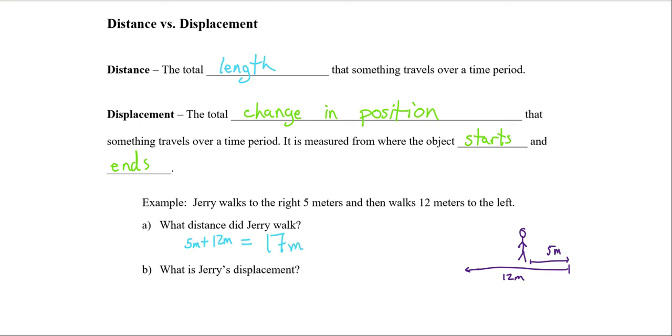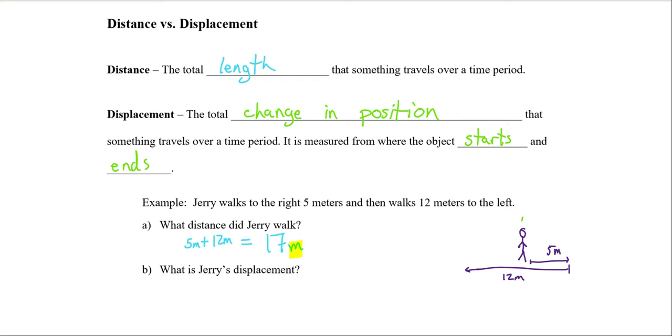What's really important is that I include the units in my answer, right? If I just said he walked 17, I wouldn't know 17 of what. Maybe he could have walked 17 kilometers. That'd be very different. Now let's take a moment and analyze, what is Jerry's displacement? So displacement has the definition of change in position, and you compare it from where it starts to where it ends.